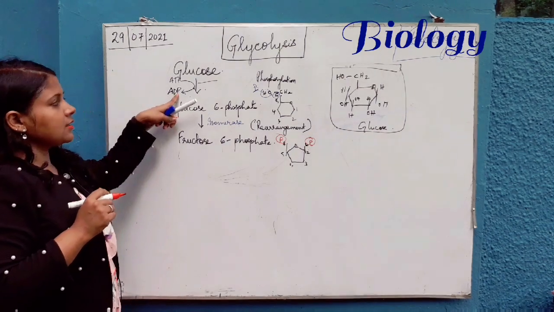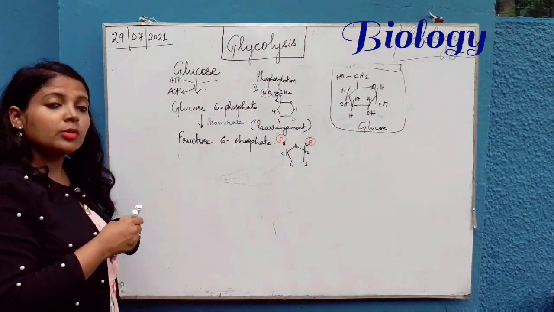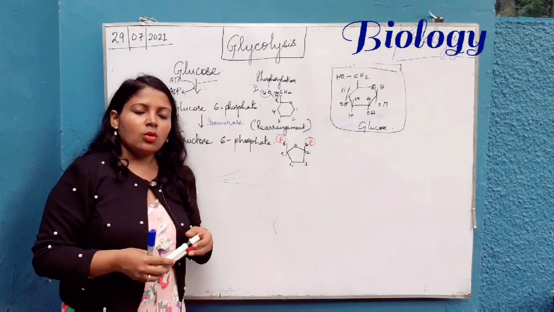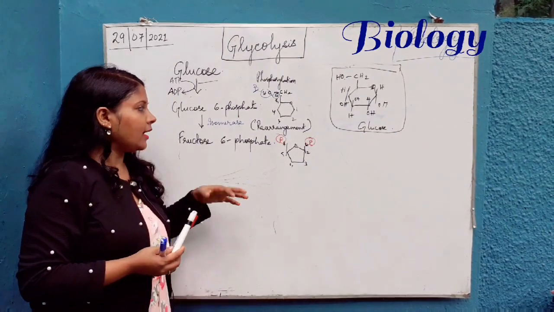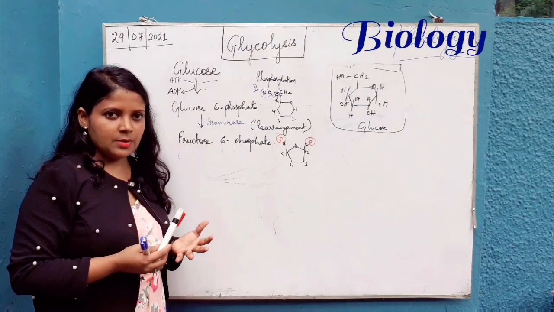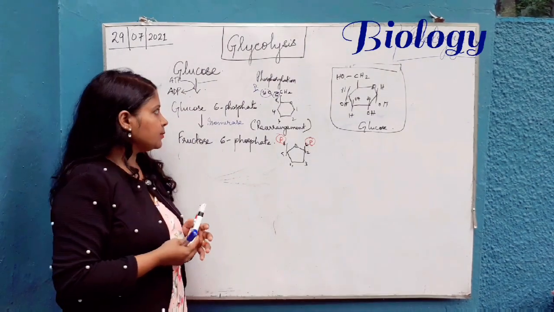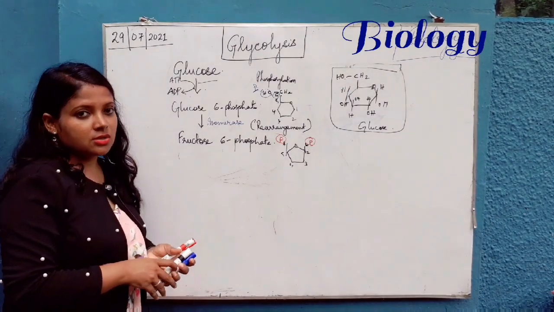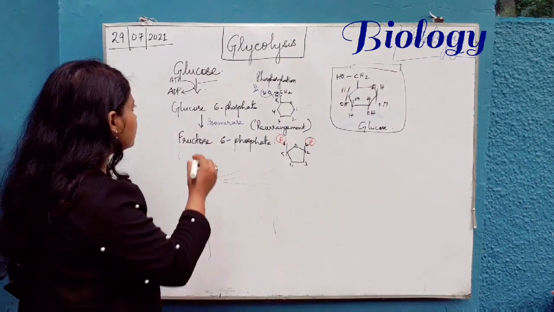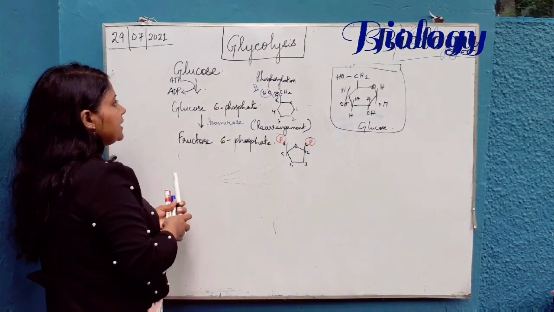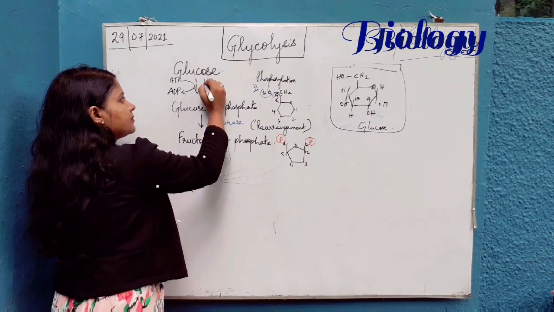If you talk about the enzymes, where do all these enzymes come from? All these enzymes have been produced inside the cytoplasm itself. They are already present in the cell. All these respective enzymes help in the conversion of the chemical compounds. Here which enzyme is used? That is hexokinase.